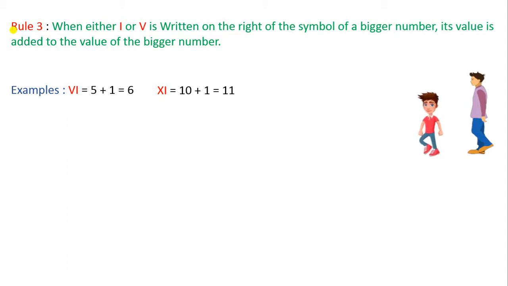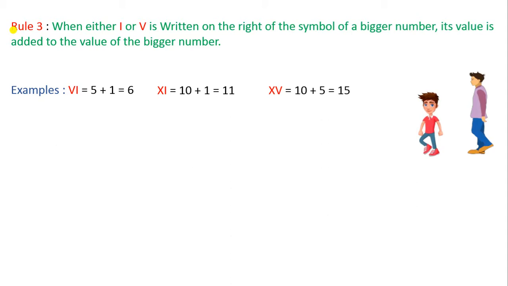Teacher, can I say one example for rule number 3? Of course Rahul, you can tell the example for this. Thank you sir. My example is XV. We know X is for 10 and V is for 5, and here we write V on the right side of X, that is the right side of the bigger number than 5.